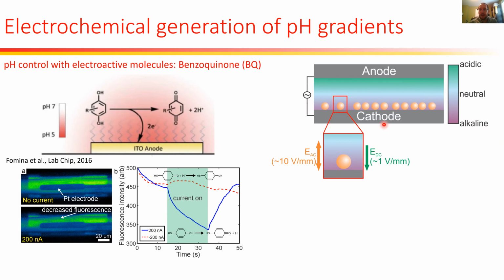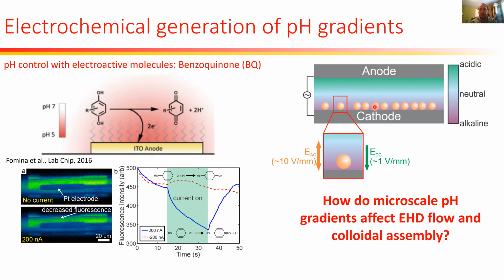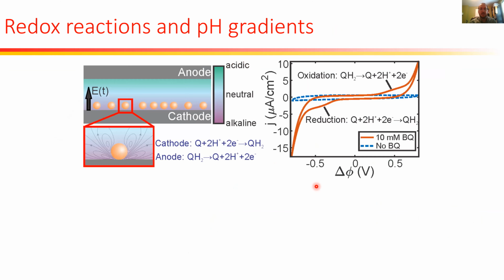And in this orientation where the cathode's at the bottom, we get an alkaline pH down here, and we can get acidic pH up at the top. And so the question we asked was, how do these microscale pH gradients affect EHD fluid flow and colloidal assembly, knowing that things like zeta potential and solution pH are very important in determining how EHD fluid flows come about.